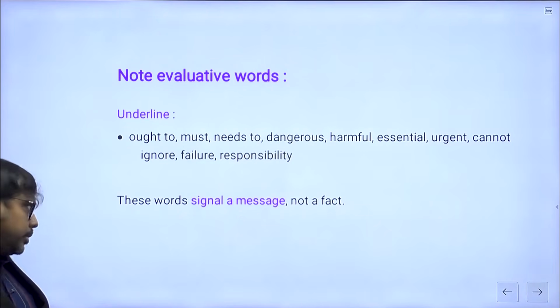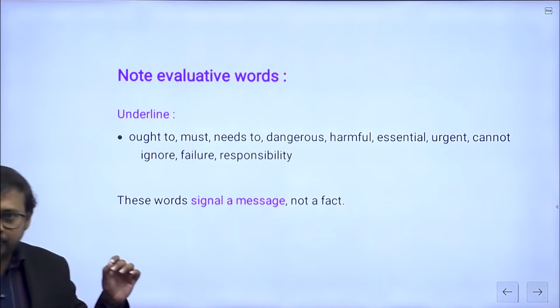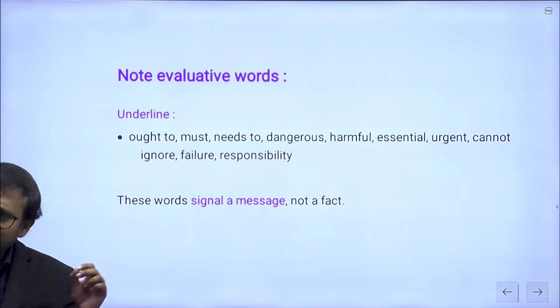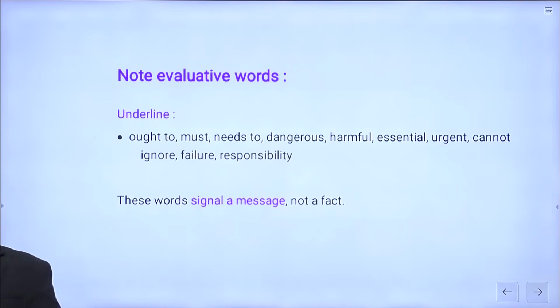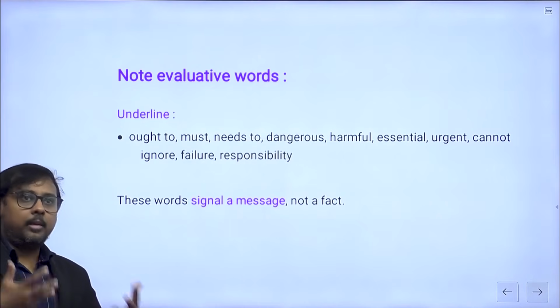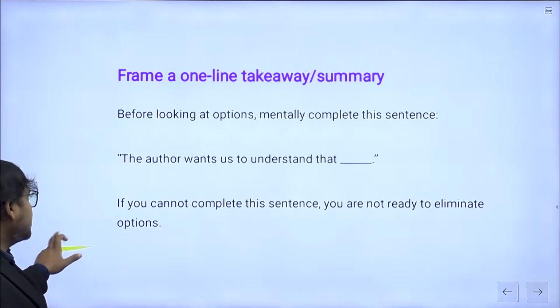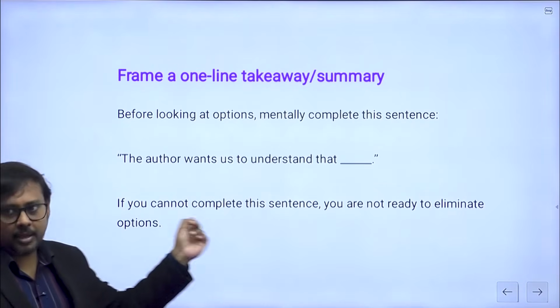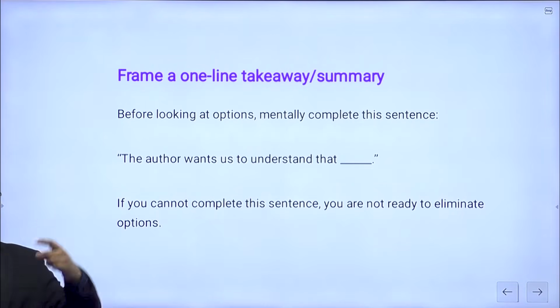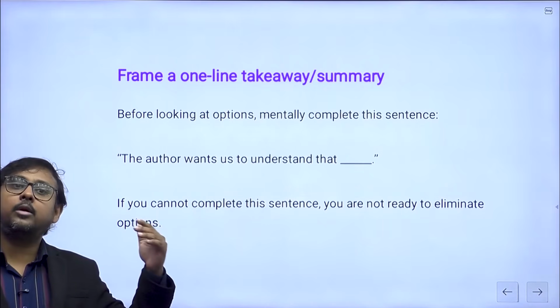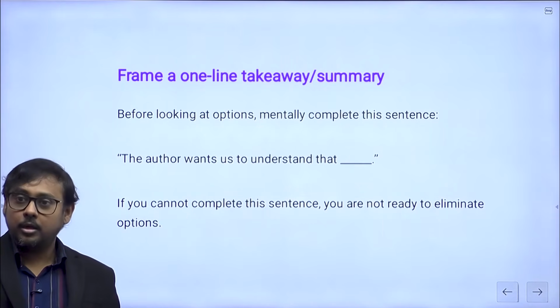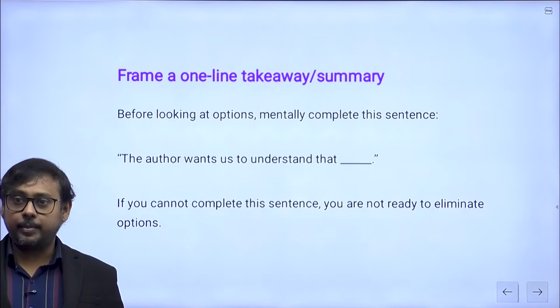Like today the exercise will be only that. Okay? So once you have understood that particular line, it can be one line, it can be two lines, right? That these are emotive words. Then what you do is, based on those lines, you frame a summary. In yesterday's class, we were framing our summary based on what? Those themes which were getting repeated.